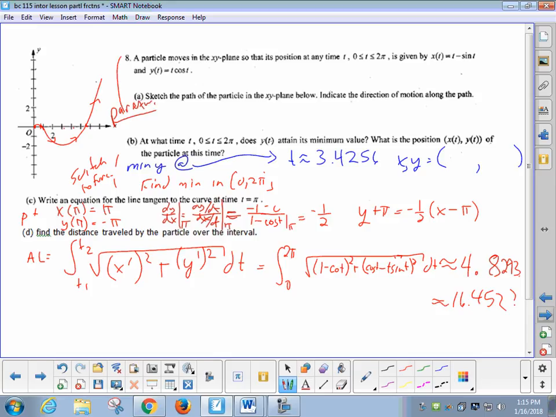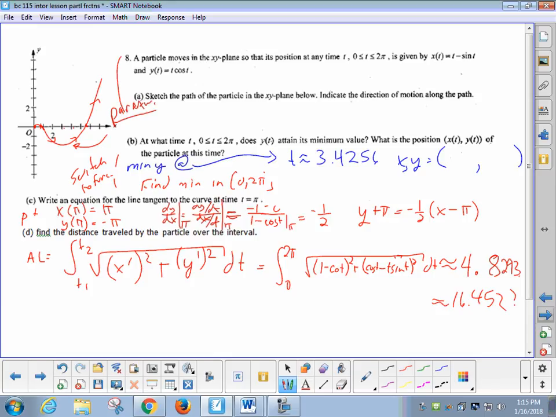Good, good. B, at what time does y attain its minimum value? Now, I think if you go to parametric mode and ask the calculator to find that point, it's going to say no dots. I know for the 84 for sure that's a no-go. The calculator doesn't find minimum points on parametric graphs, at least it didn't.